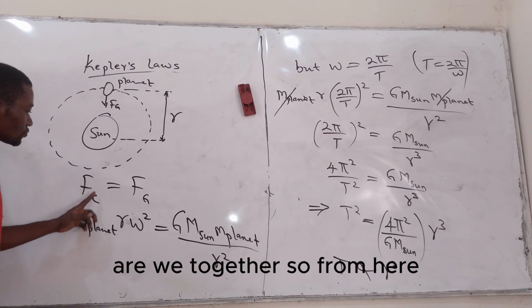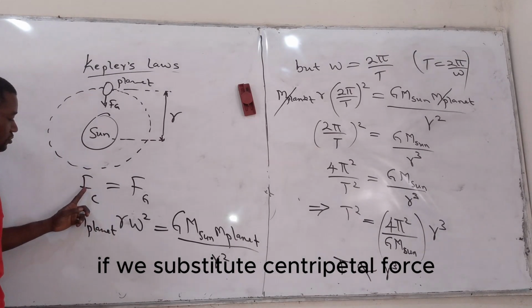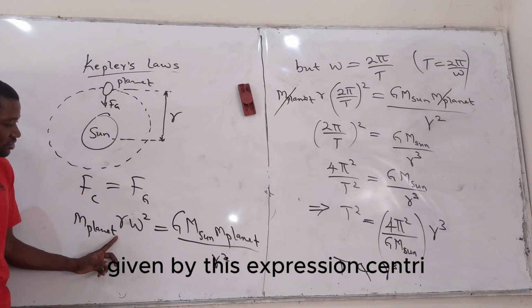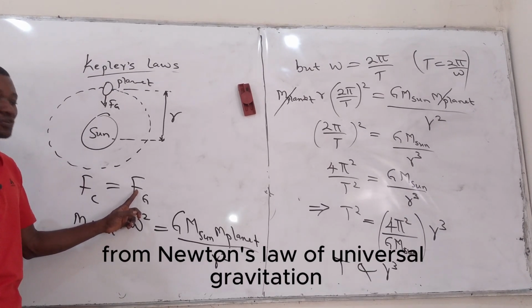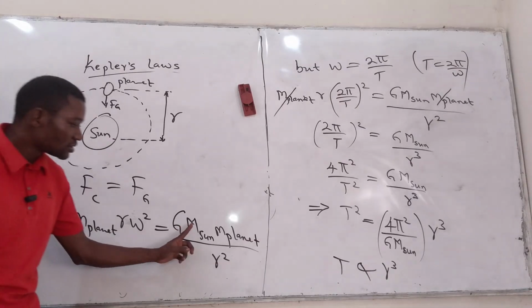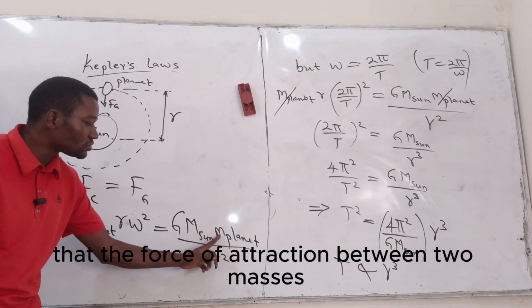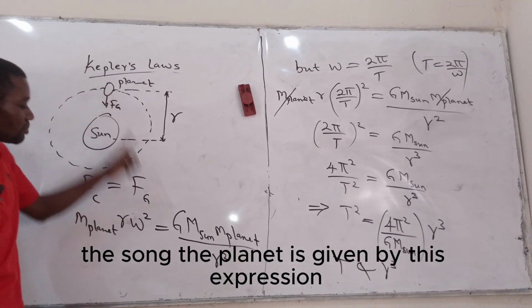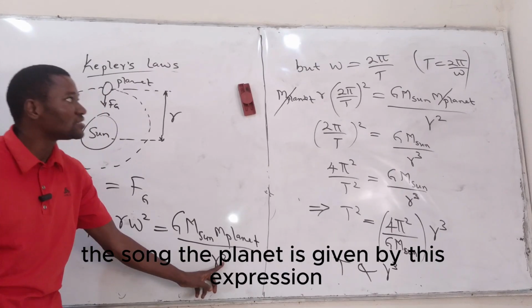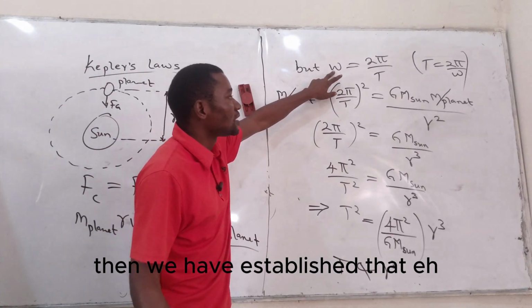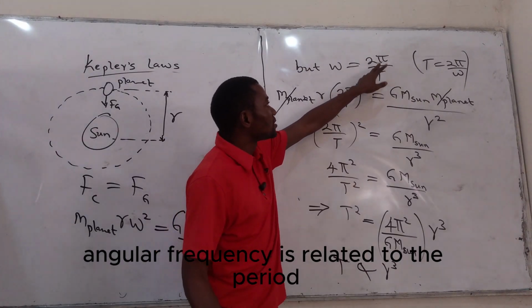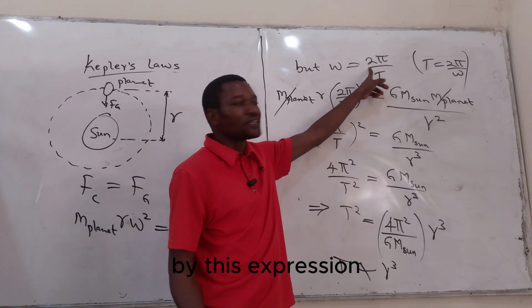Are we together? So from here, if we substitute centripetal force given by this expression, gravitational force from Newton's law of universal gravitation, that the force of attraction between two masses, the sun and the planet, is given by this expression. Then we have established that angular frequency is related to the period by this expression.